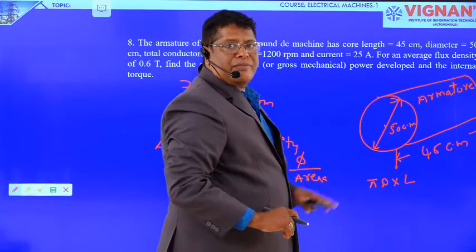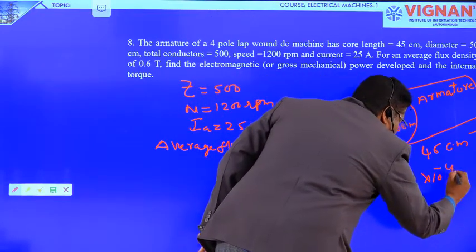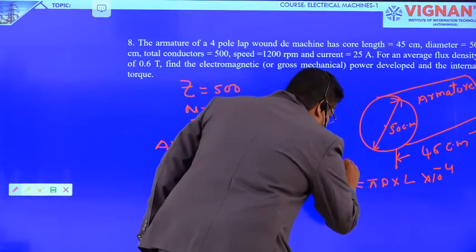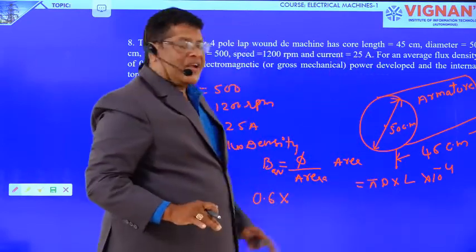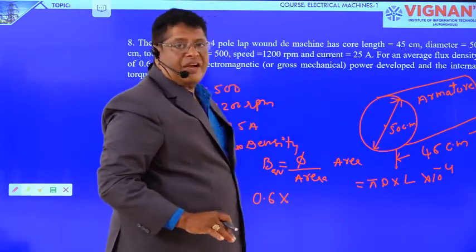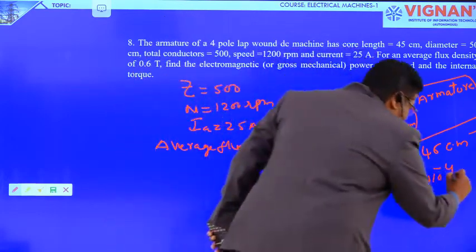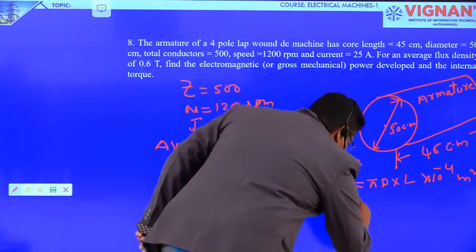To convert into meters, multiply by 10 to the power of minus 4. Now the area, this is nothing but the surface area of the armature, in meter square. Now you substitute the values here.